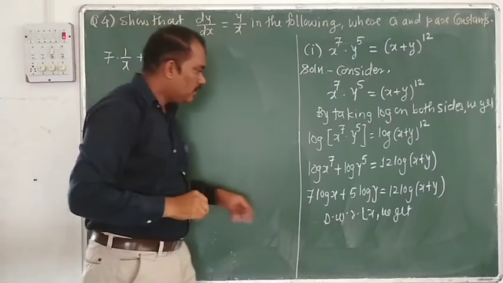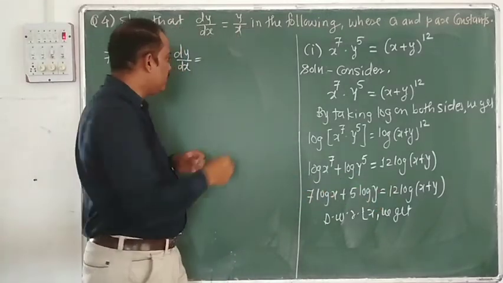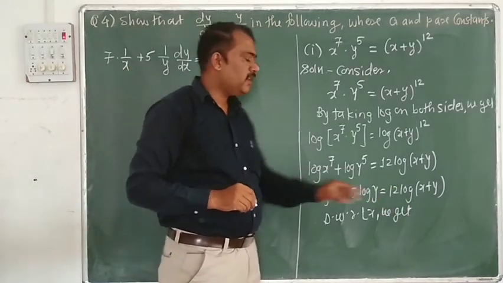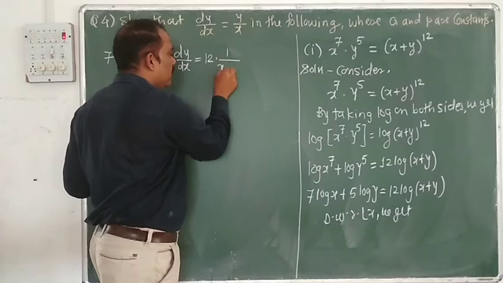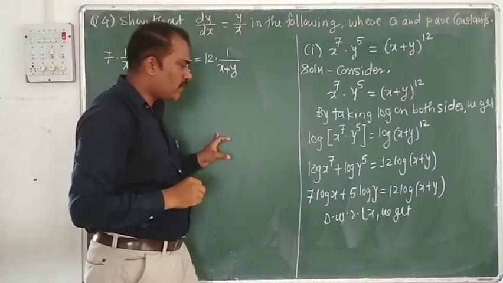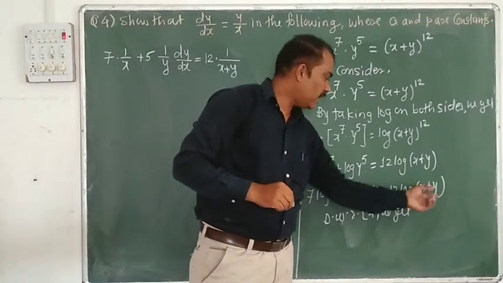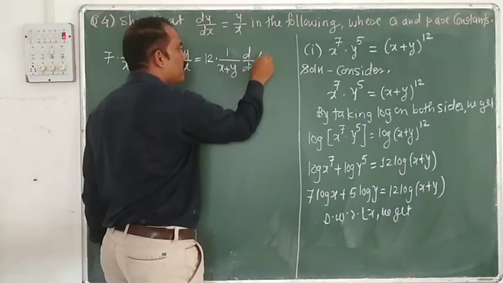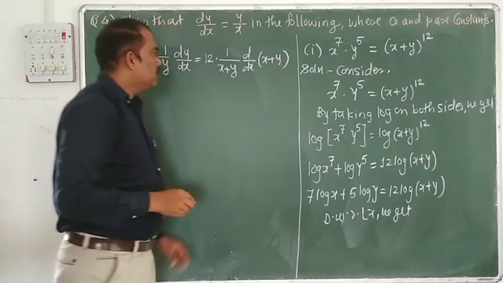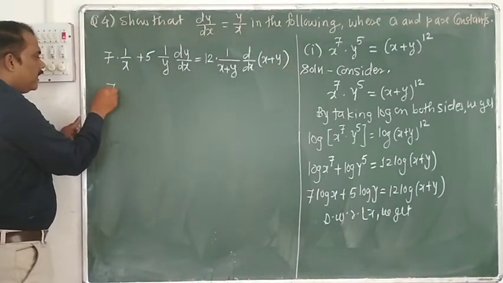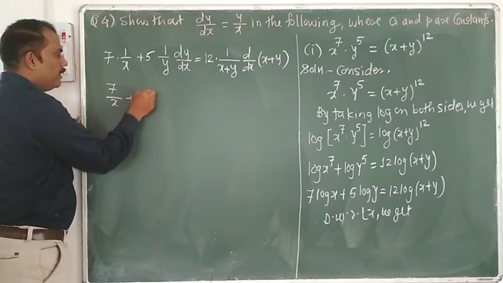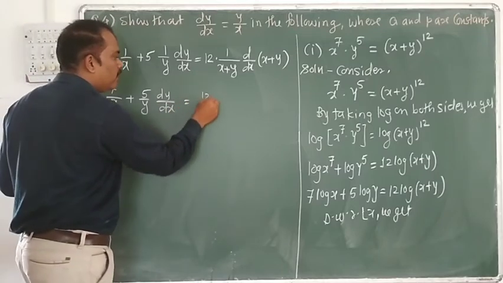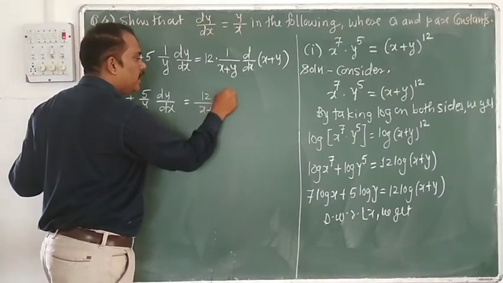This is equal to 12, which we keep outside the derivative, times the derivative of log of x plus y, which is 1 upon x plus y, into d by dx of x plus y. So we can write 7 divided by x plus 5 divided by y into dy by dx is equal to 12 divided by x plus y into bracket.